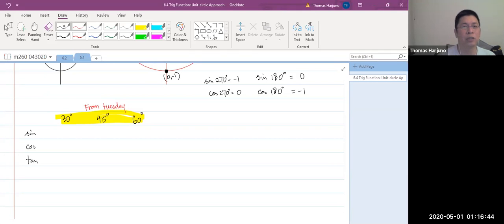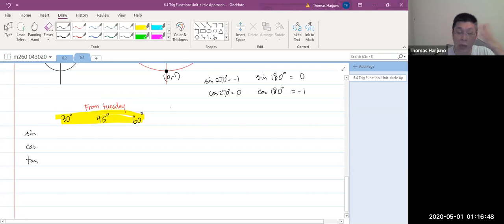Now just now we got the values of sine, cosine, and therefore tangent for 0 degrees, 90 degrees, 180 degrees, and 270 degrees. And we got that from the unit circle.